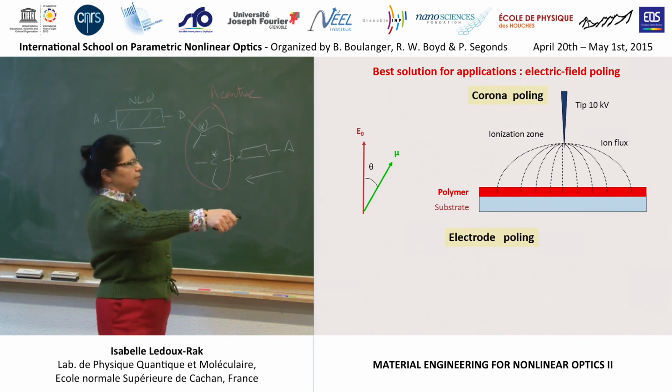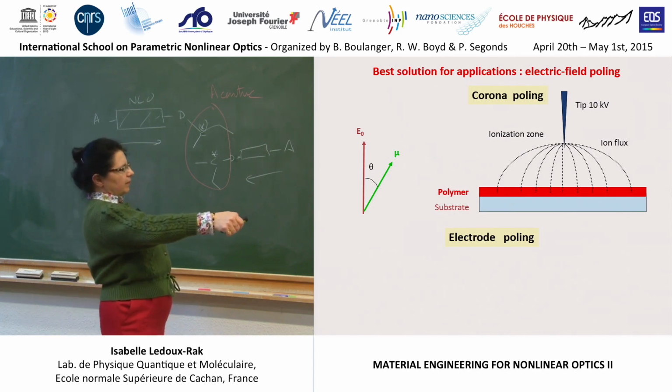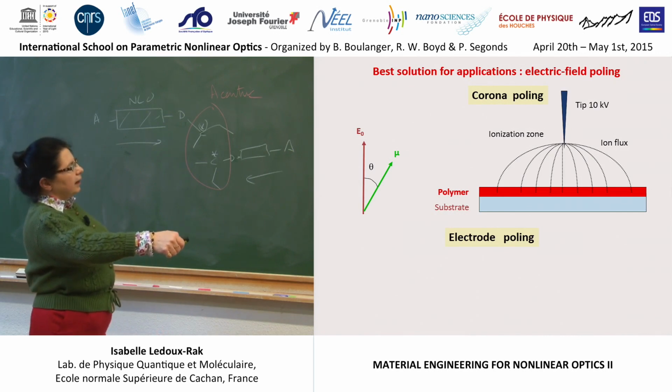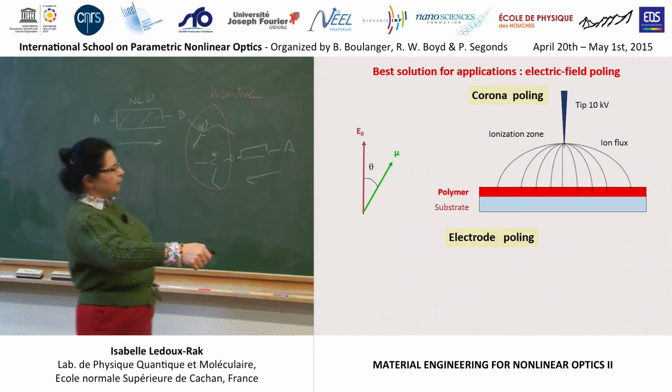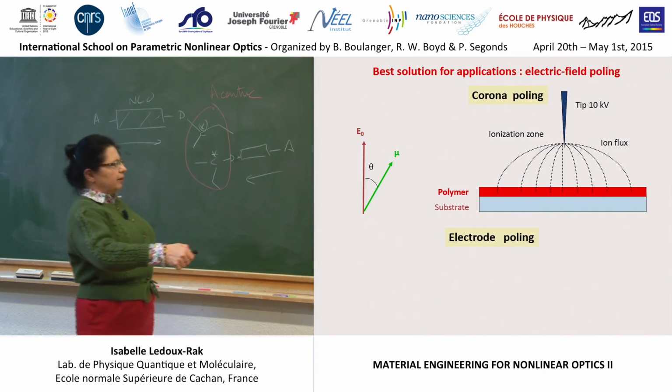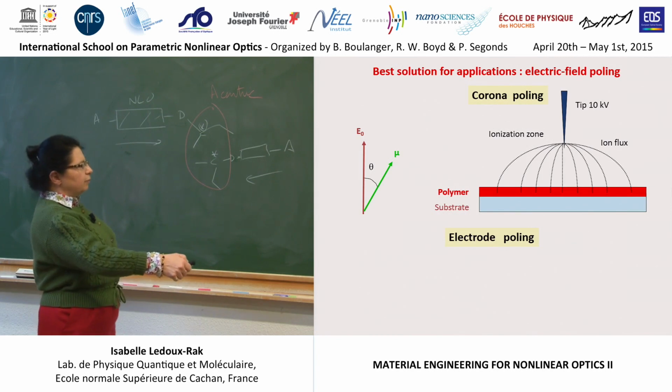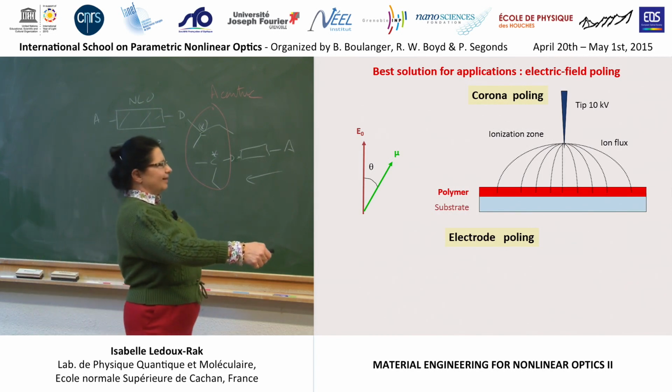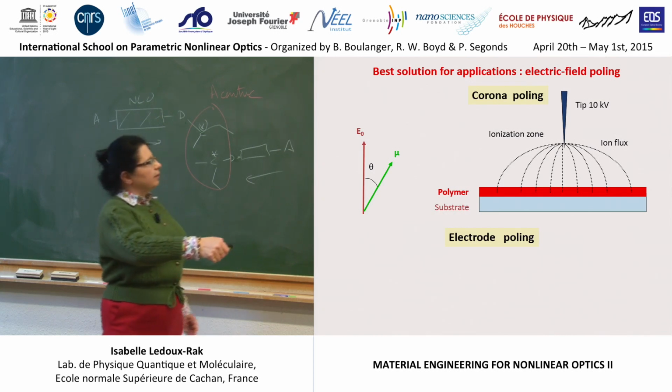And the field here at the tip is very high, and it ionizes the atmosphere and creates some layer of charged species on the top of the polymer layer, and on the substrate the sign is opposite, and it induces a strong electric field inside the layer.